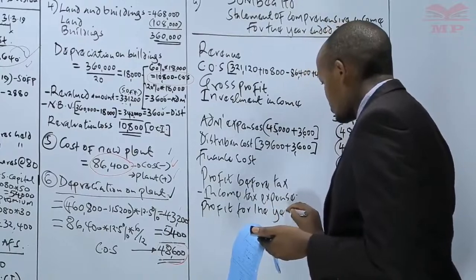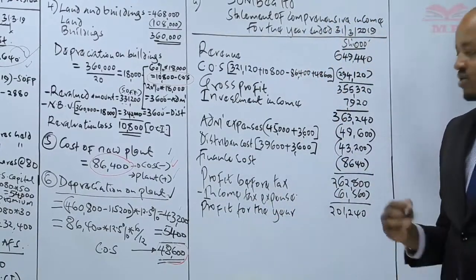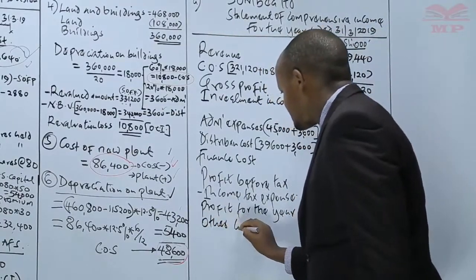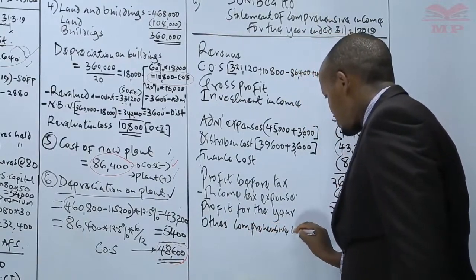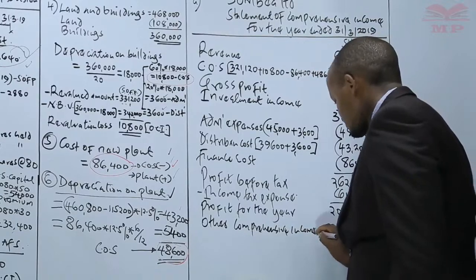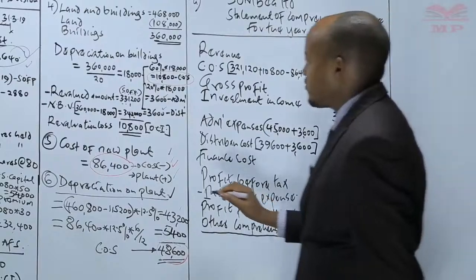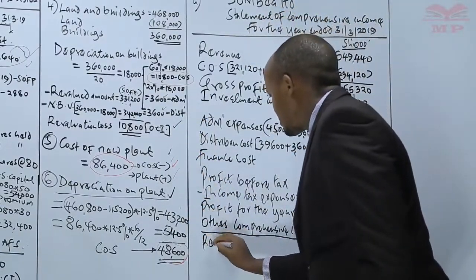So once we get the profit for the year, we are then supposed to proceed and add OCI. We are supposed to add the other comprehensive incomes. And in our case here, we do have two other comprehensive incomes. First of all, we have the revaluation gain as far as the buildings are concerned.